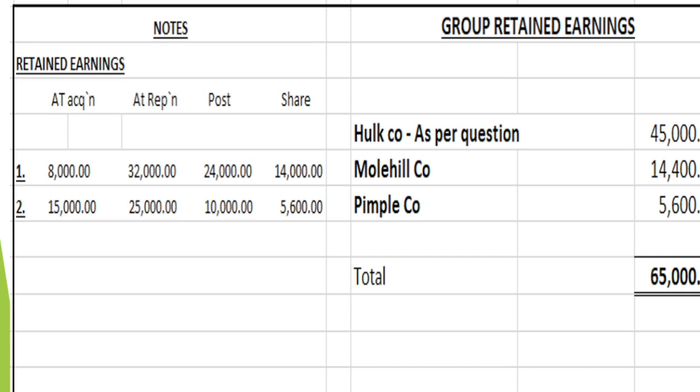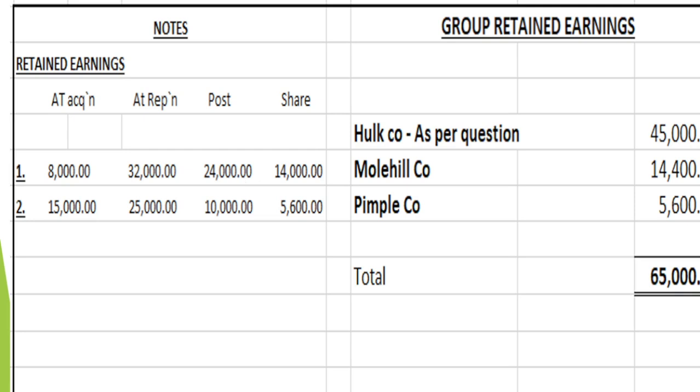Then for More company, this is how you set out your calculation when you're trying to calculate the retained earnings: the group retained earnings at acquisition, the group retained earnings at reporting date, the post-acquisition figure, and now the share you as a parent are getting out of these post-acquisition figures.